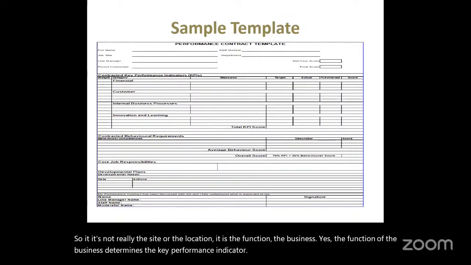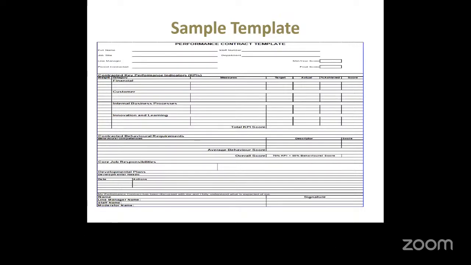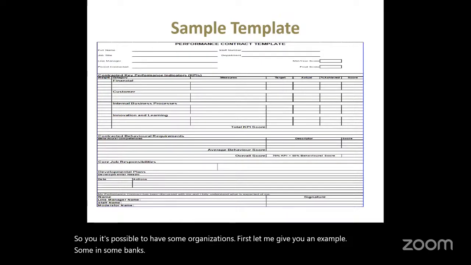So is it possible to have standardized KPIs that apply to all departments, despite the fact that they may be having different functions or responsibilities? So it's possible in some organizations. For instance, let me give you an example. In some banks, everybody, regardless of your function, has a financial target.